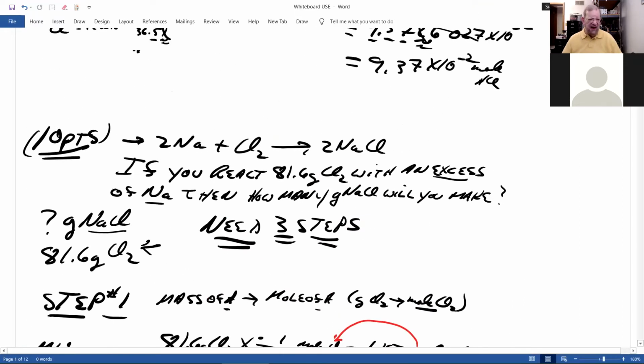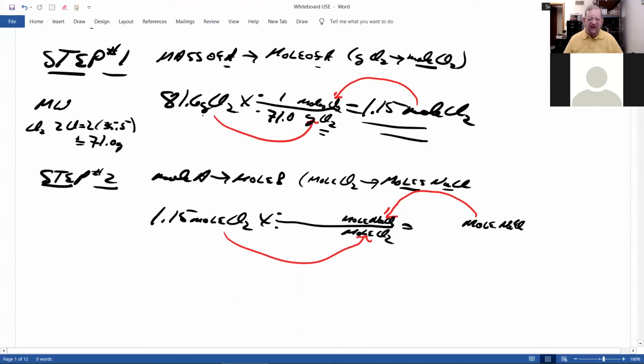We come up here to the balanced chemical equation, and the coefficient tells us, when there's no coefficient, it's really the number one. So 1 mole of chlorine makes 2 moles of sodium chloride. For every 1 mole of chlorine, I make 2 moles of sodium chloride. That's where you get those numbers.